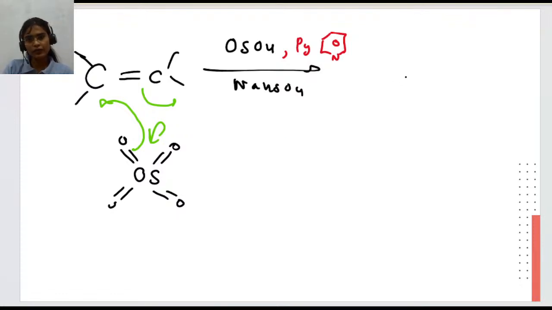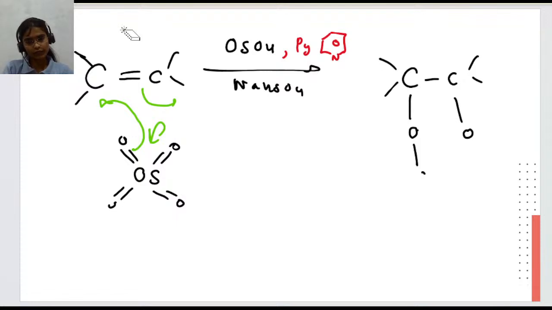Let me write what we get now: the carbon-carbon bond breaks, this oxygen connects here, this oxygen connects here, and then this is osmium, Os, with a double bond and a double bond.